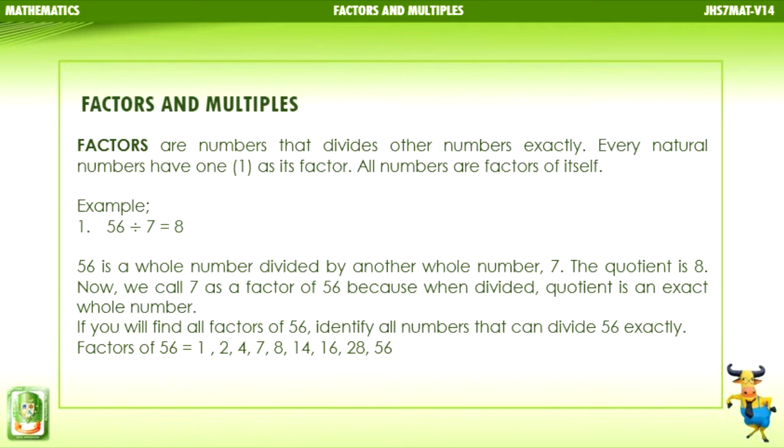Now, we call 7 a factor of 56 because when divided, the quotient is an exact whole number. If you find all factors of 56, identify all numbers that can divide 56 exactly. Factors of 56 are 1, 2, 4, 7, 8, 14, 28, and 56.